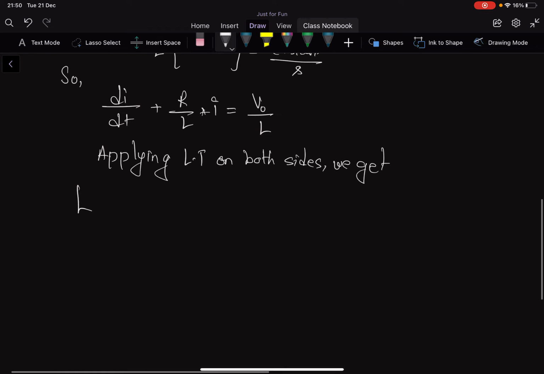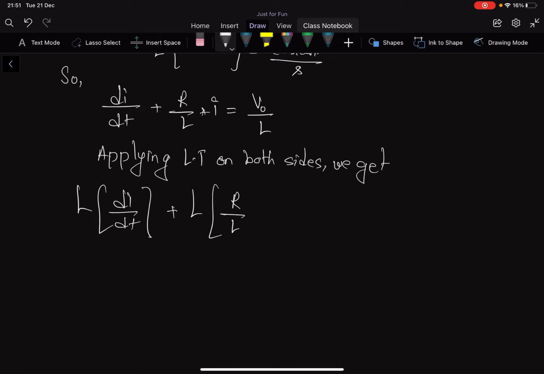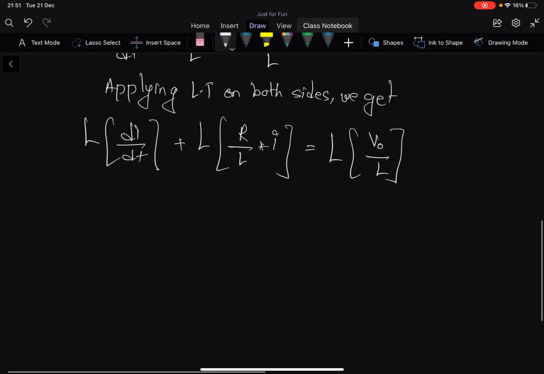So we have the Laplace of di over dt, and then plus we have a Laplace here. Now this R over L is a constant, it's not a variable. So when you have a variable and a constant together, you can separate the constant outside, because that constant is not going to play any role.